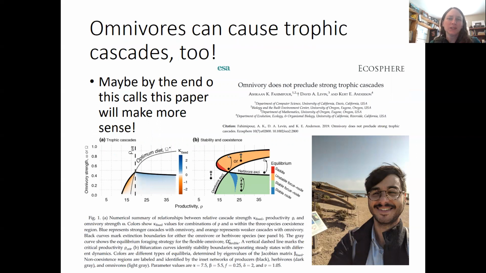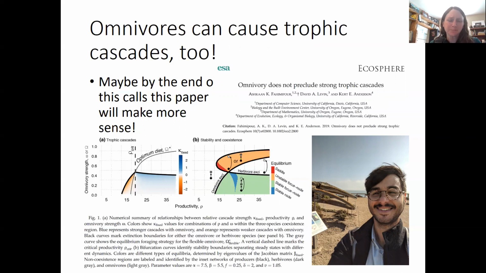What's cool is that this research is based on old classic studies, but here is a study from this year. The lead author is Ashkan Famipur, and he has been working on omnivory. We've kind of ignored omnivores in this discussion so far, but this recent paper in the journal Ecosphere talks about how omnivores can cause trophic cascades too.